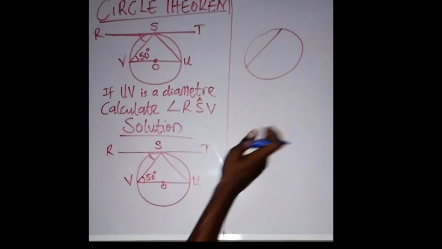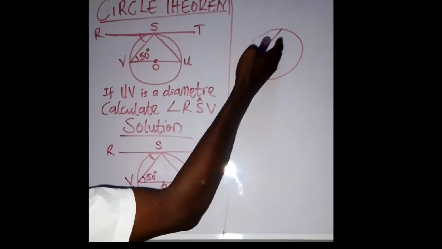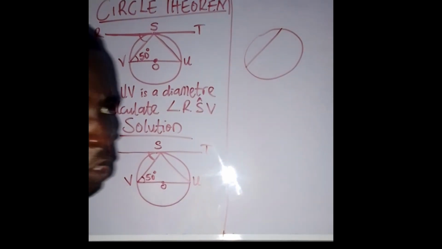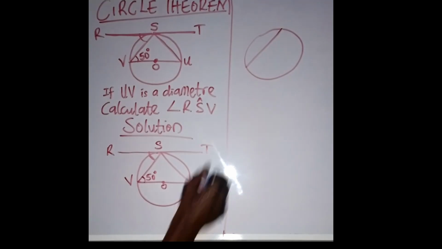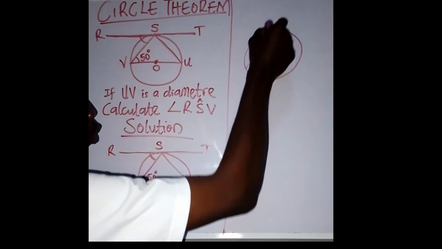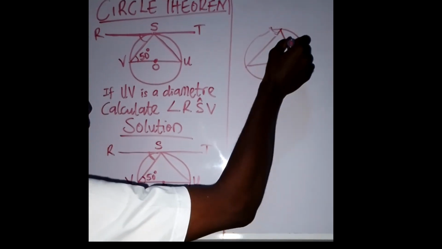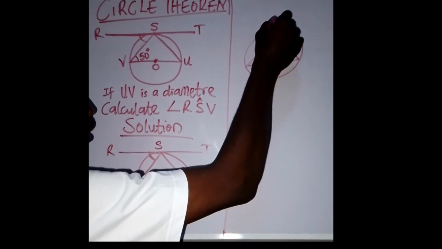Now, by looking at this minor segment and major segment, you agree that the minor one is the smaller one, while the major one is the bigger one. And one of the laws says that the angle formed in the minor segment is equal to any angle formed in the major segment.